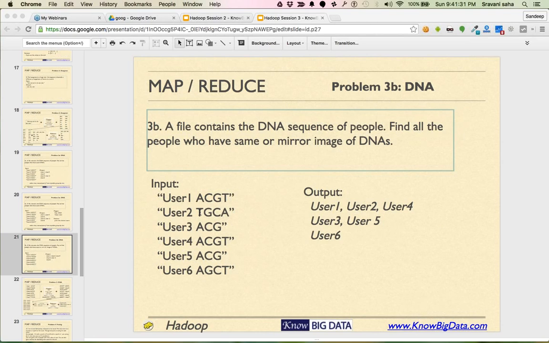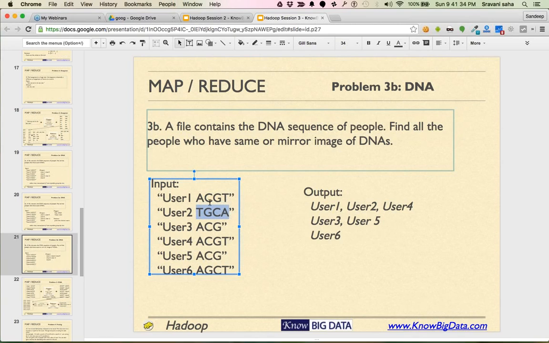What does mirror image mean? When you reverse their DNA, it becomes the same. So ACGT and TGCA are reverses of each other, which means user 1 and user 2 belong to the same family. Similarly, user 1 and user 4 belong to the same family.